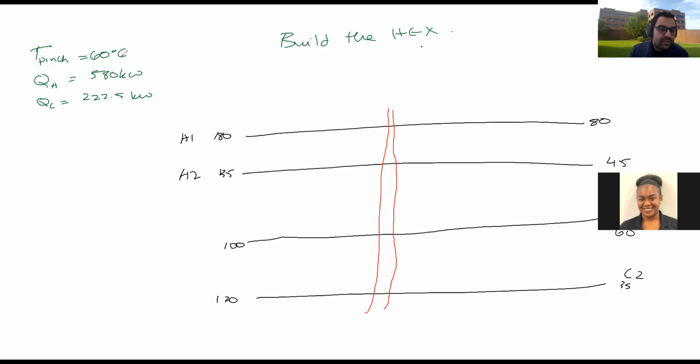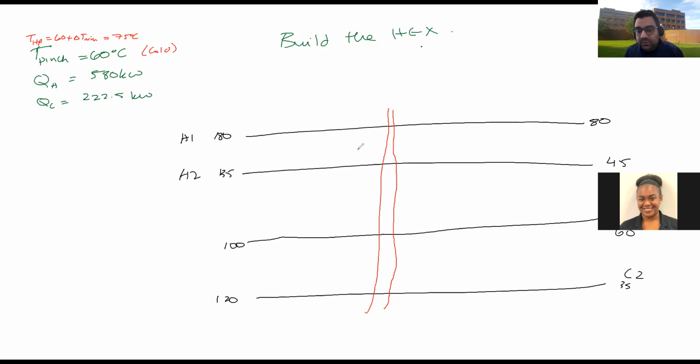If you recall, this is the cold pinch, and the hot pinch is this temperature plus 15, right? So the hot pinch will be 60 plus delta T minimum. In this case, delta T minimum is given in the problem, which is 15. 60 plus 15 is 75 degrees Celsius.